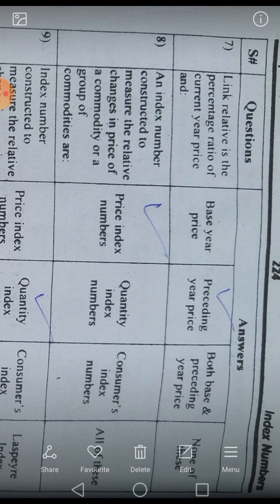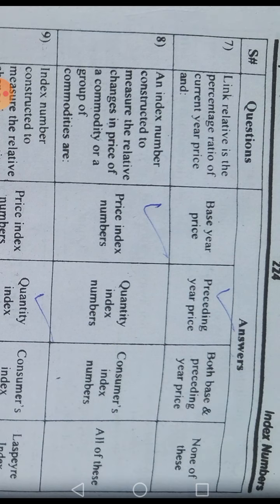Link relative is the percentage ratio of the current year price and the preceding year price.